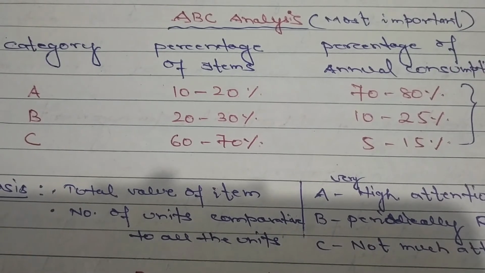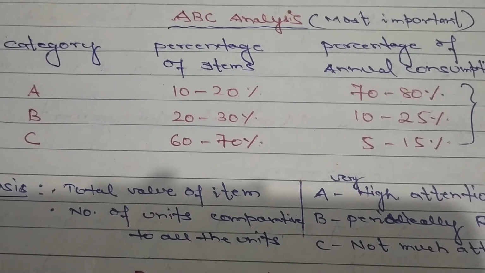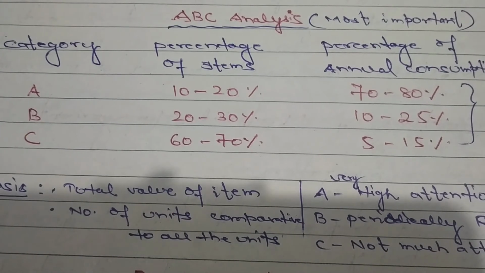This is the most important method in inventory control techniques. Most organizations use this particular method. They segregate all the items, all types of raw materials and equipment, and categorize them according to annual usage value and number of units.